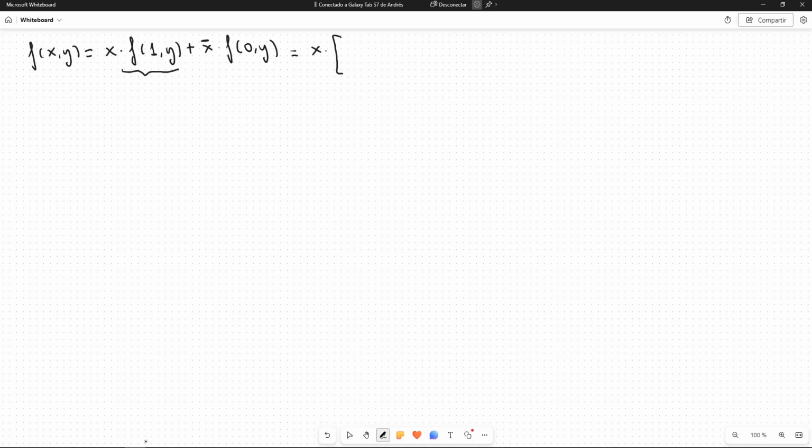So we are going to extract y, and it's going to multiply the function, and in the place of y we are going to write a 1, and y negated, and in the place of y negated we write a 0.